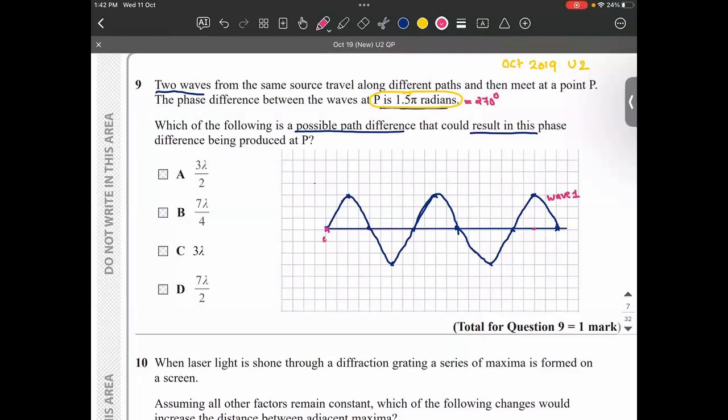So this is our 0 degree, and this corresponds to 90 degree. This is 180, and this is 270. This is 360, and then 450, 540, 630, 720, like that it goes on. So this is wave number one.